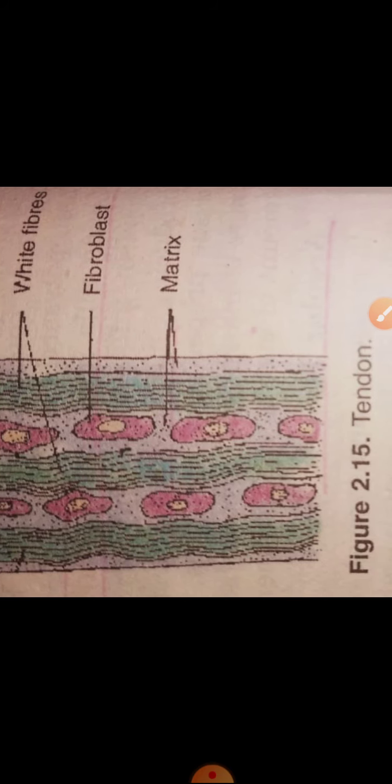Tendons have great strength but limited flexibility, whereas ligaments have white fibers plus yellow elastin fibers, both arranged in various directions.